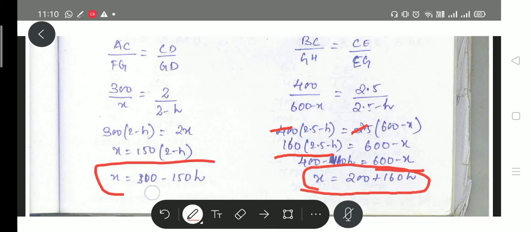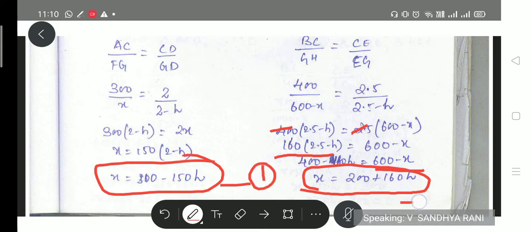From these two equations, equation 1 and 2, we can calculate the h value.